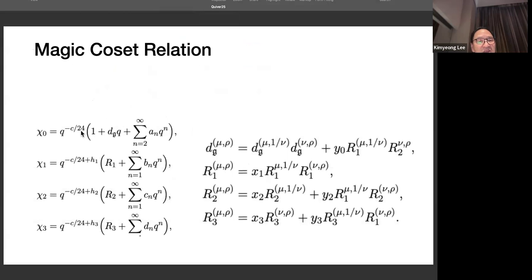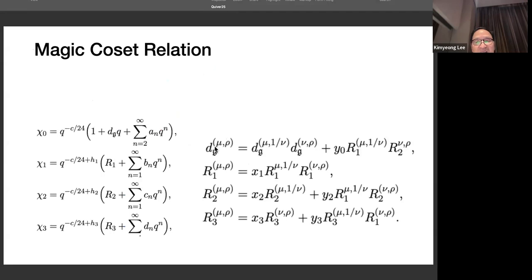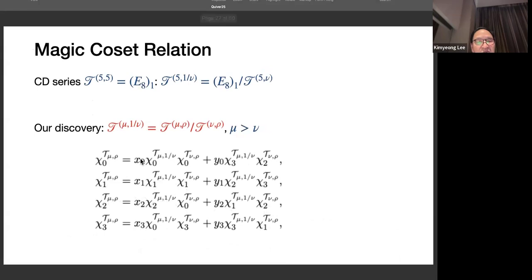Especially this relation, when we look at the specific characters, the vacuum character and the first, second, third characters with different conformal weights, and the dimensions of representations being R1, R2, R3, this previous relation of course leads, from the leading terms, to various relations between dimensions of representations. But one has to go through each series to look for these coefficients in detail.